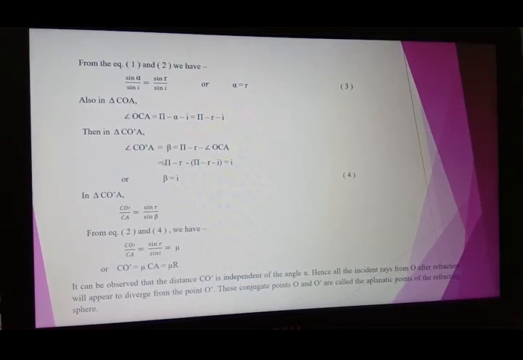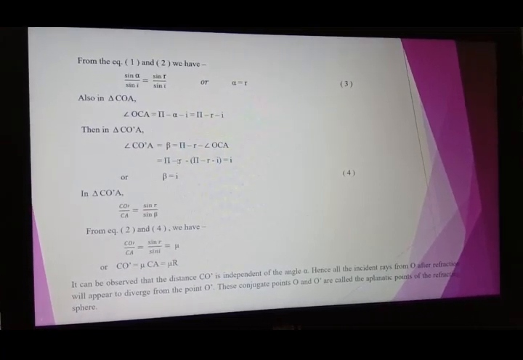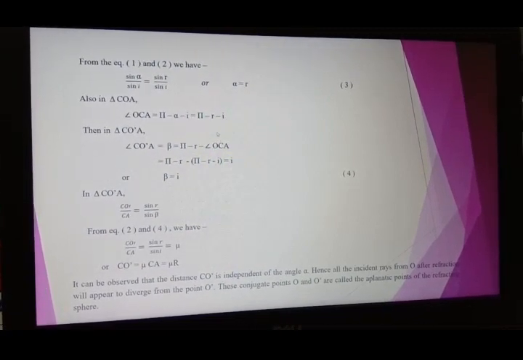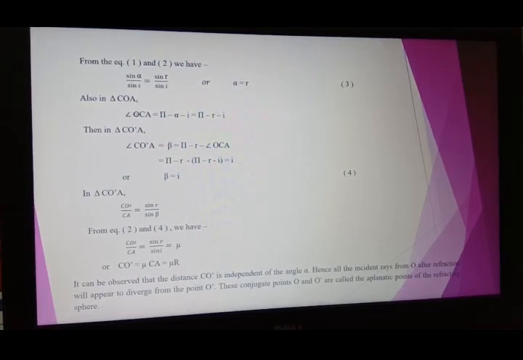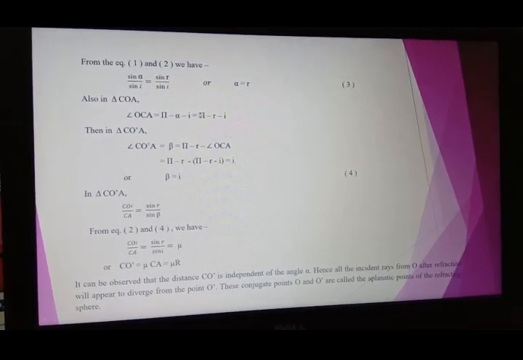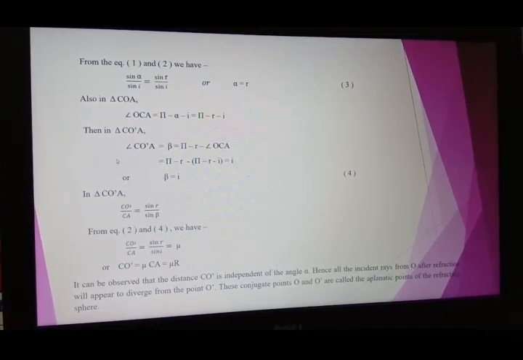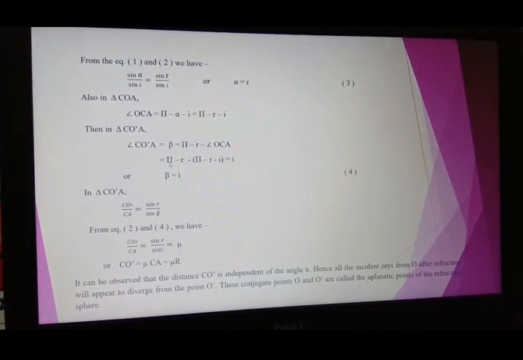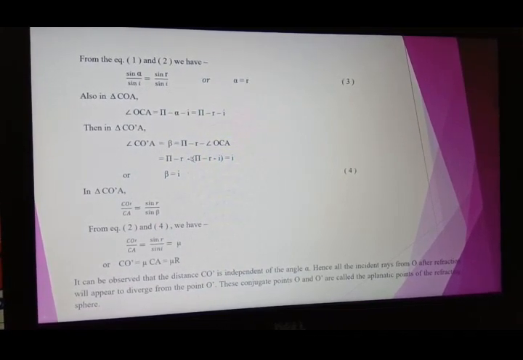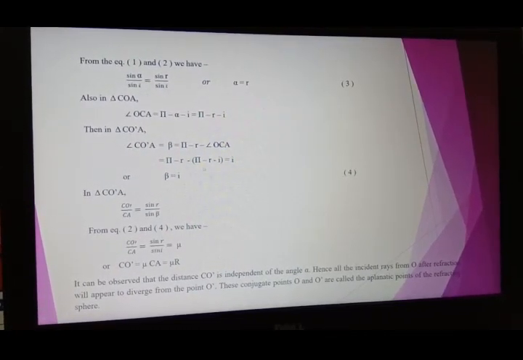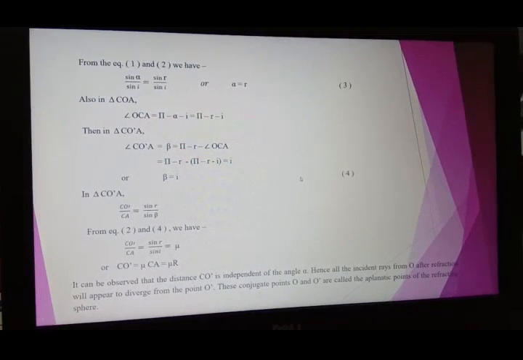This is equal to pi minus i minus pi minus r minus i, which is equal to i, because this angle OCA is equal to pi minus r minus i. And now the pi and r will cancel out, so we write beta is equal to i, and this is equation number 4.